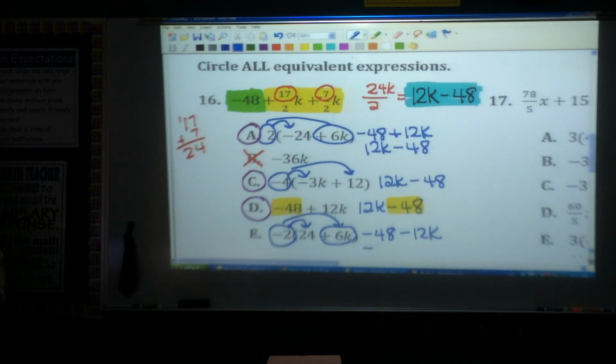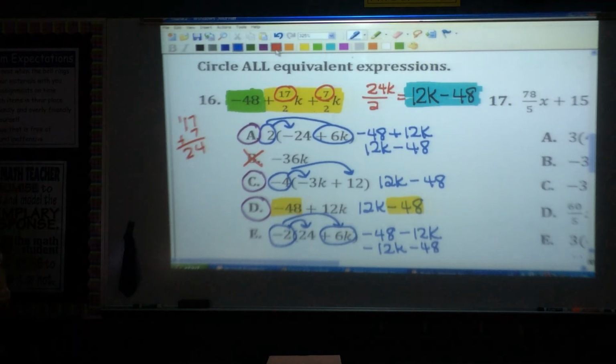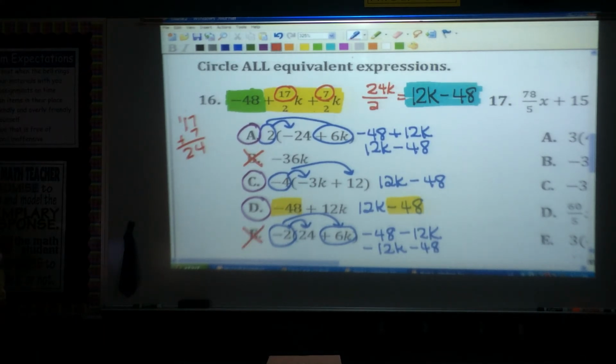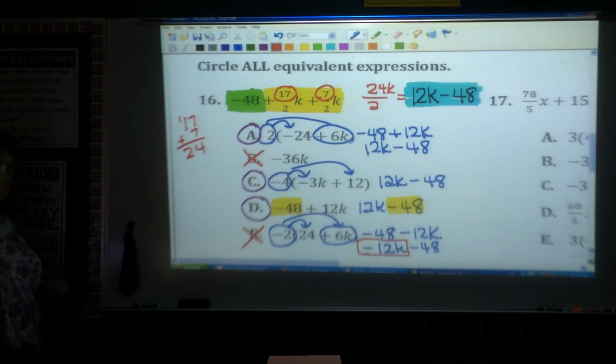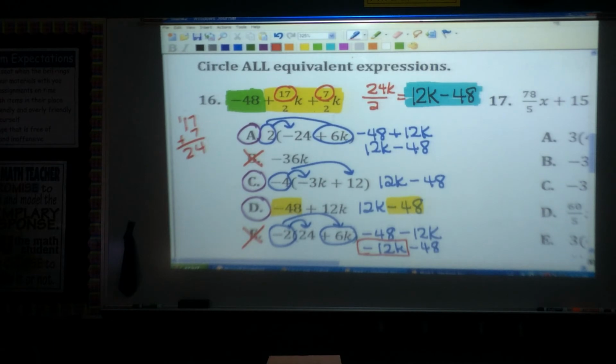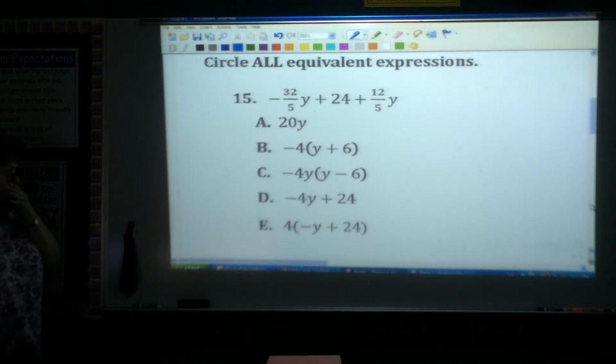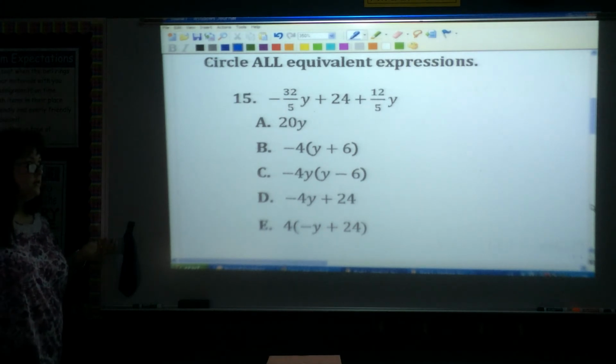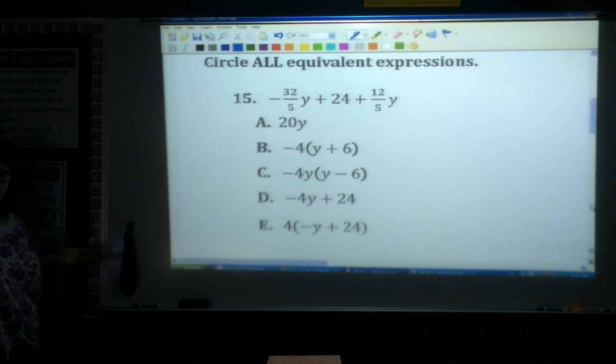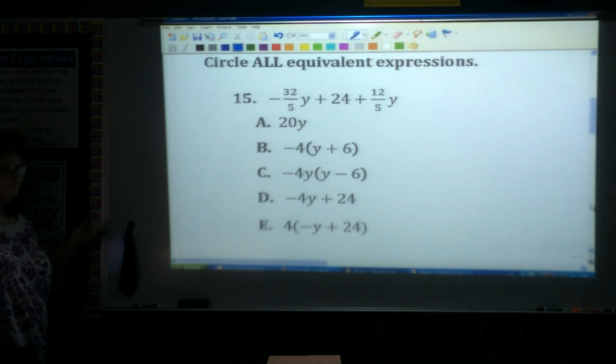And again, if you rearrange that so the variable is first, this option is not a solution, and the reason is because our 12k is negative this time, and we need a positive 12k. Okay, we're going to try one more. You may even want to pause the video at this time and try this one yourself and see what you can get before I work through it.